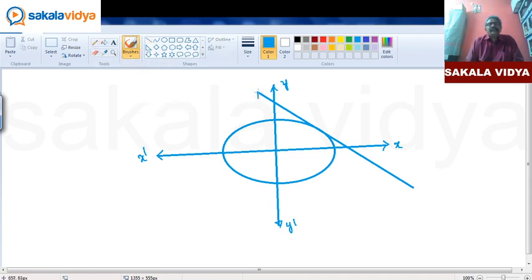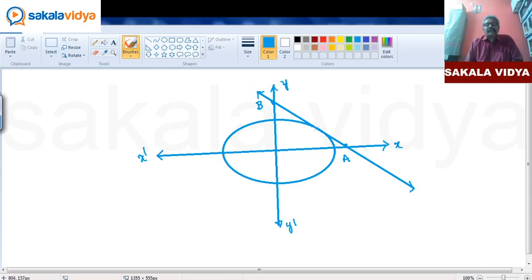A tangent is drawn. It cuts the x-axis at A and the y-axis at B. Now we need to find the length of AB.